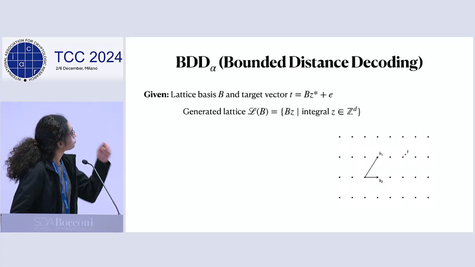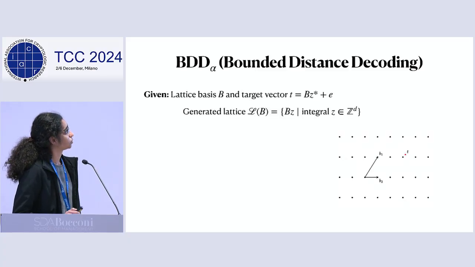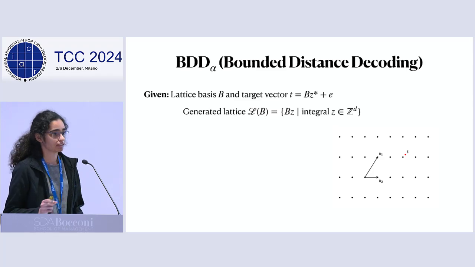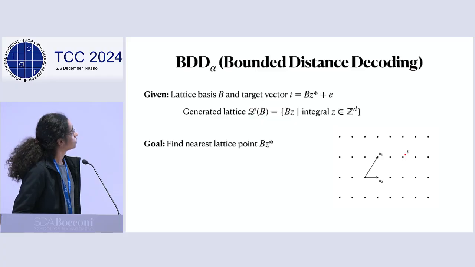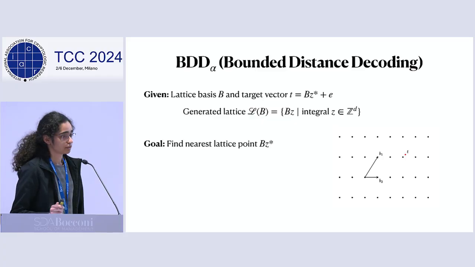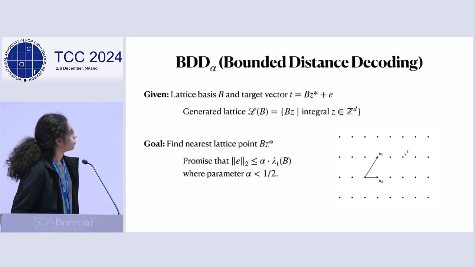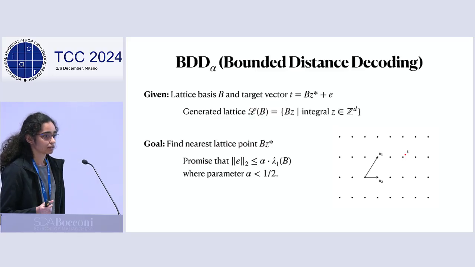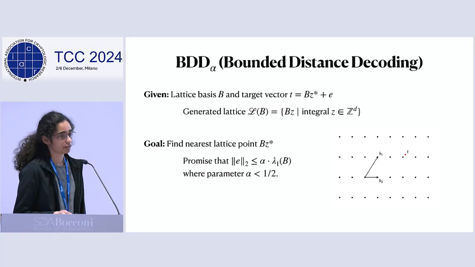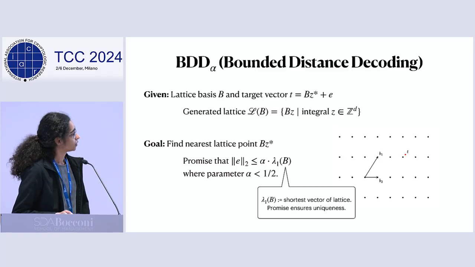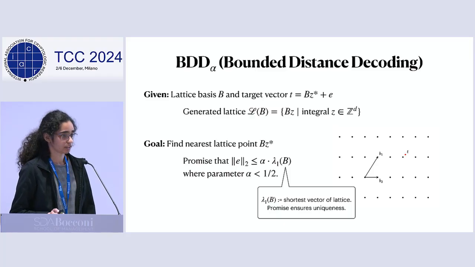You're given a lattice basis B and a target vector T, which is some lattice point shifted by a small error. And the goal is to find the nearest lattice point, BC star. You're promised that the error E is small. It's smaller than the shortest vector of the lattice by a factor of alpha. And this is what ensures that the solution is going to be unique.